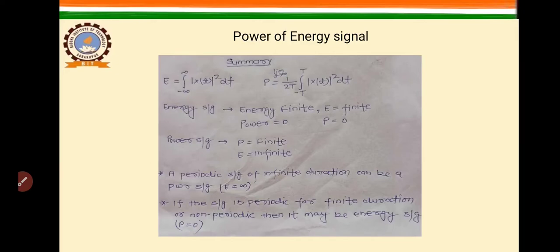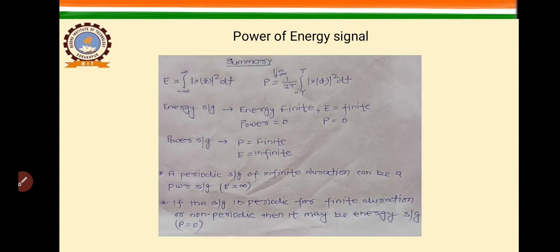In the previous lecture, we have seen what the energy signal is and what the power signal is, and how we can identify whether the given signal is an energy signal or power signal. In continuation to the previous lecture, in this lecture, we will use some examples to clarify the concept of energy signals and power signals.